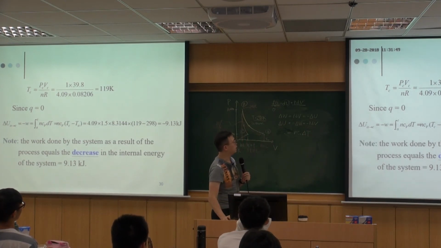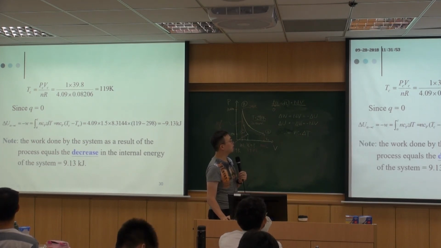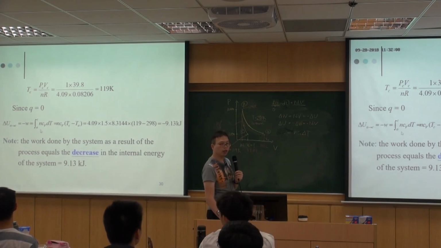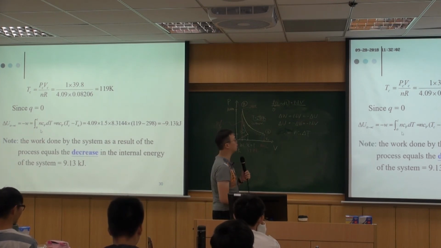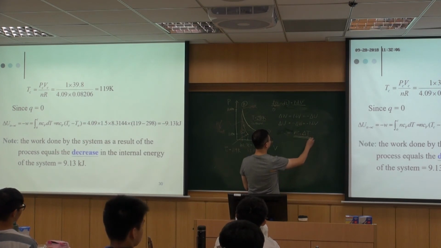So although here it says it's nCV dT and you do the integration, since we already know CV, and CV is a constant and it is independent of temperature, then it can be written like this.